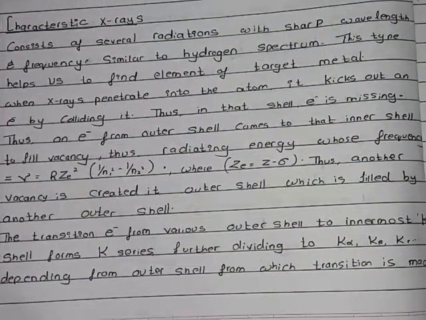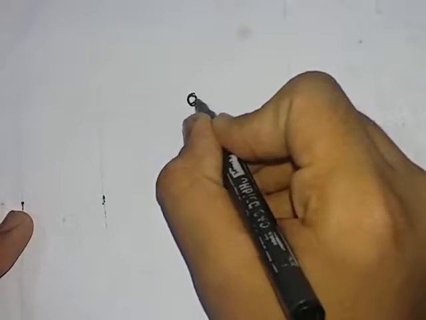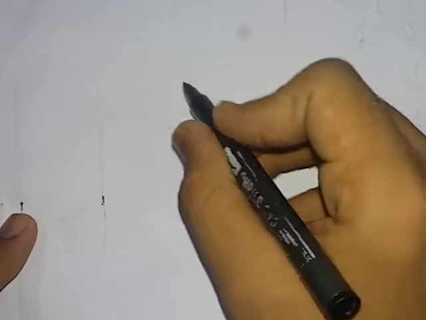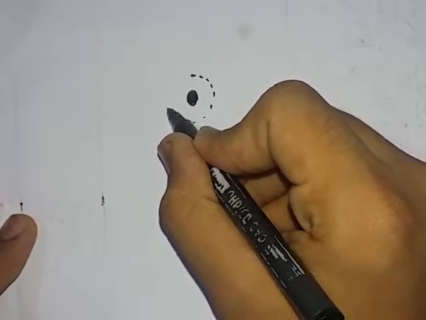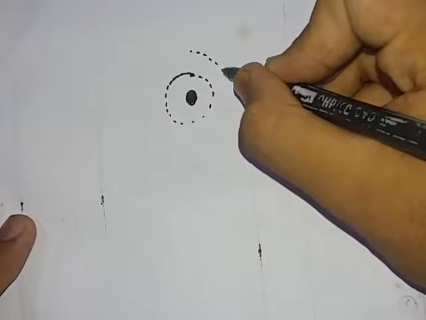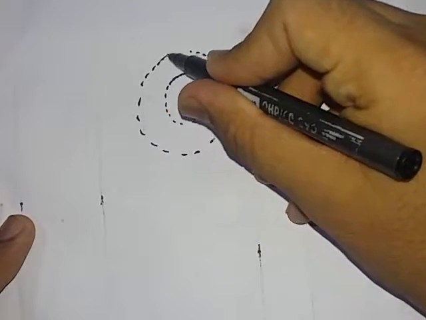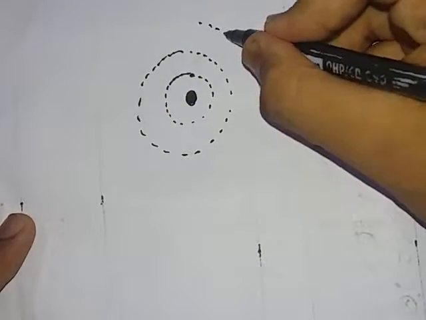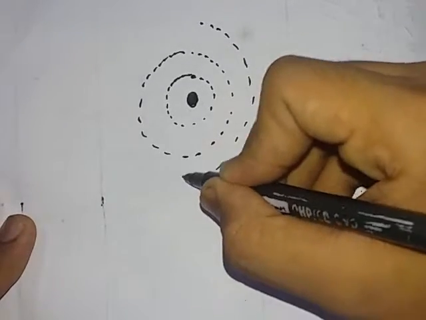So let me show you a diagram. Now what is this? See, this is the nucleus. It's the first orbit. It's the second orbit. And it's the third orbit.